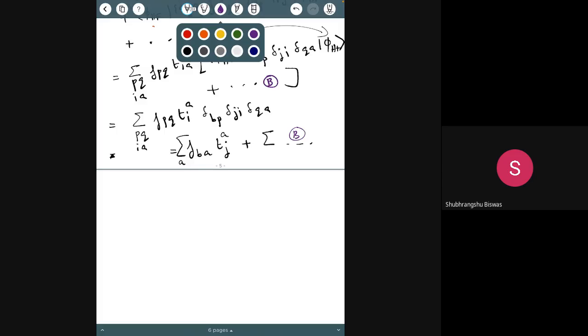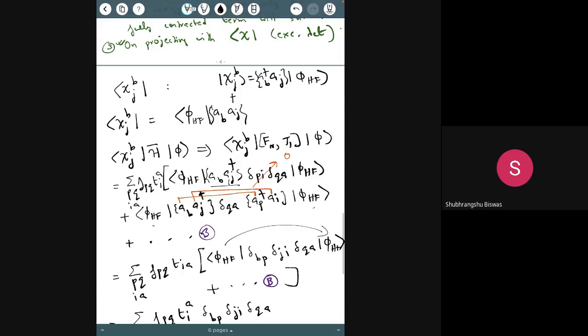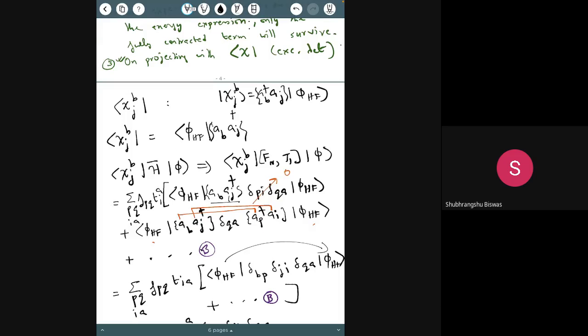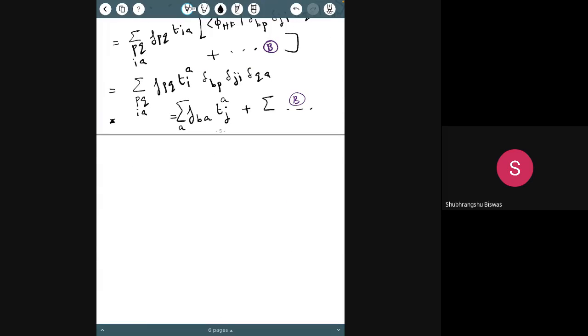So what have we reduced? Our matrix element between chi and phi 2, we have simply reduced to a matrix multiplication with one contracted index. So this is simple matrix multiplication.